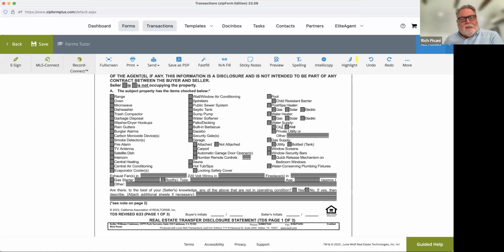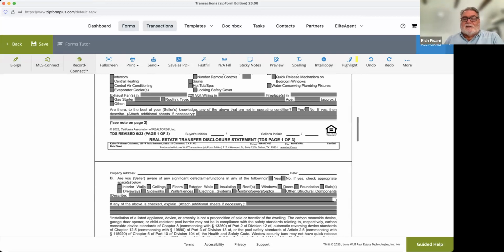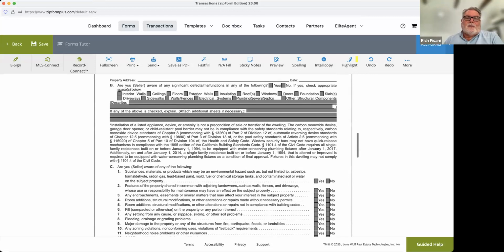Other is where you can put other things maybe that are unusual to the property. Are there, to the best of the seller's knowledge, any of the above that are not in working condition? That's a yes or no answer. If it's a yes, you have to say what they are.